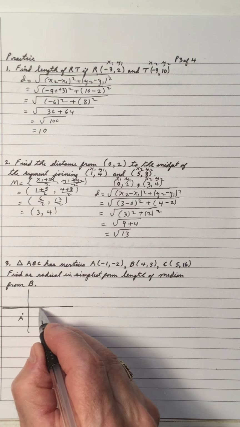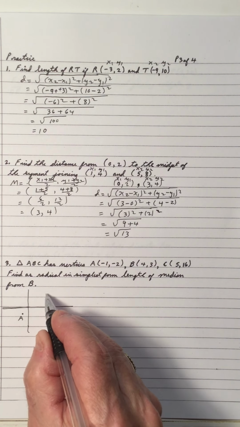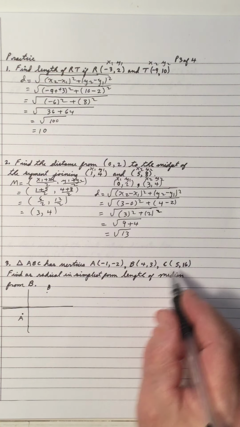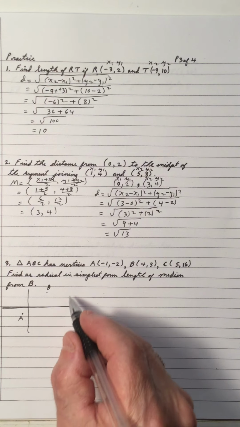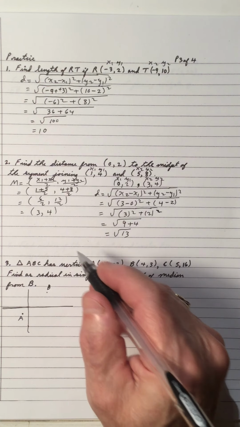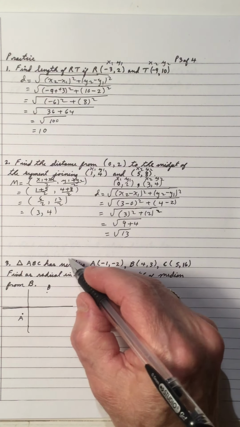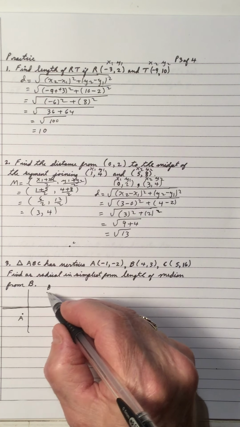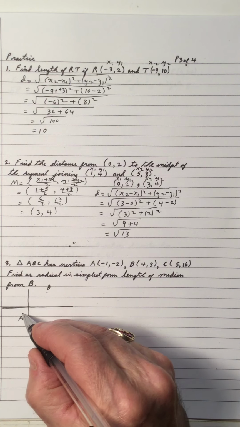B is 4, and we go 3, so let's pretend it's there. And C is 5, 16. Again, I get way off the chart, so let's pretend 5, 16 is way up here. And here's the triangle.